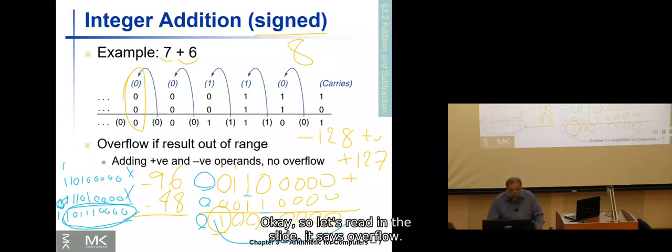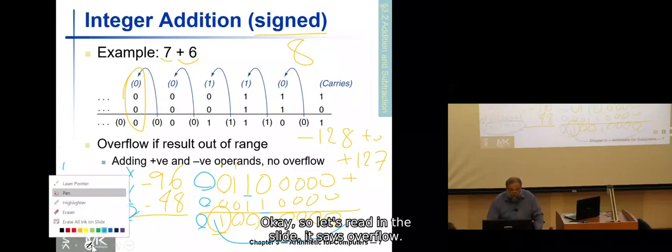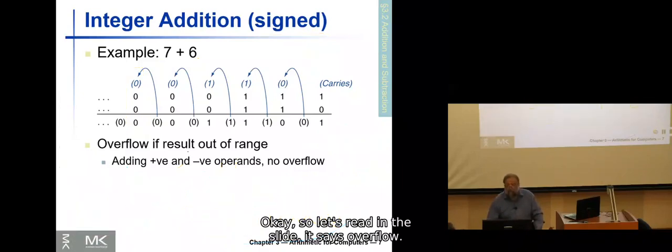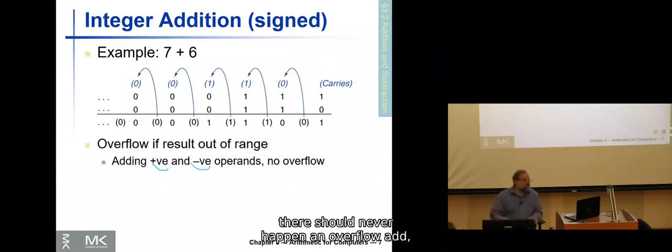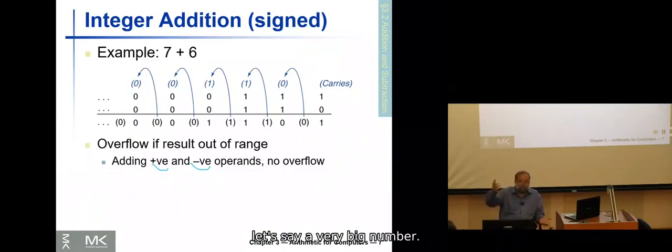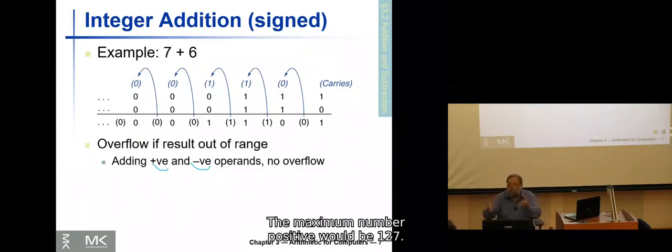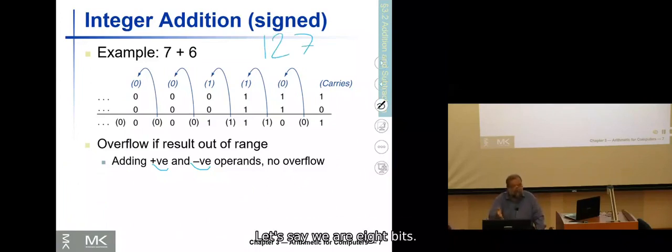Okay, so let's read the slide. It says, overflow if result is out of range. When adding a positive and a negative operand, an overflow should never happen. Let's say we are at 8 bits. The maximum positive number would be 127. You add it to a negative number, whatever it is.